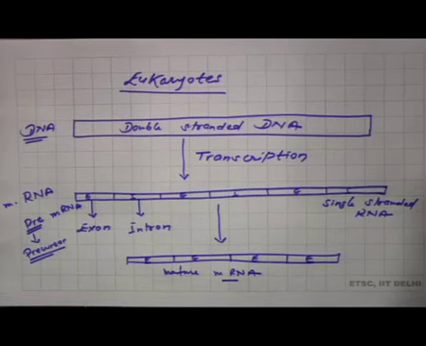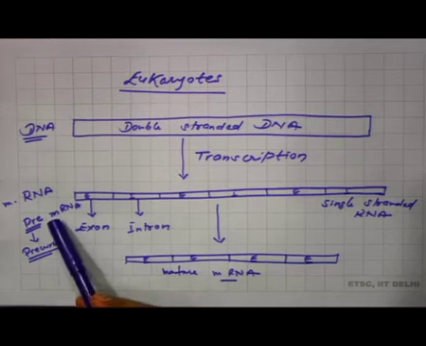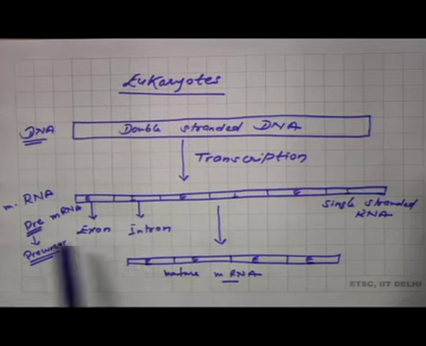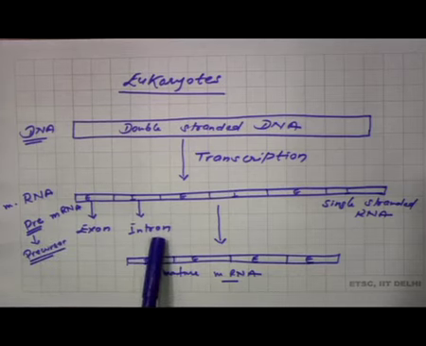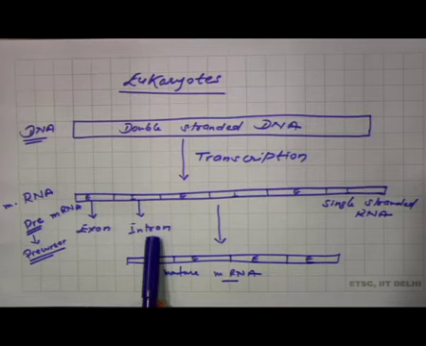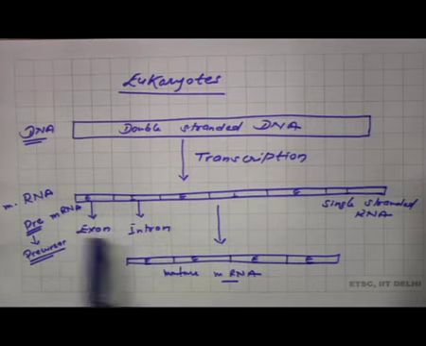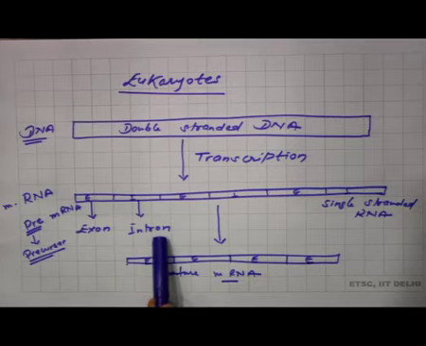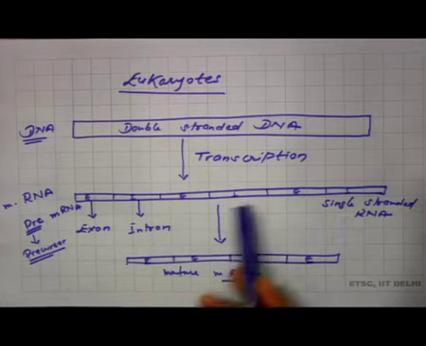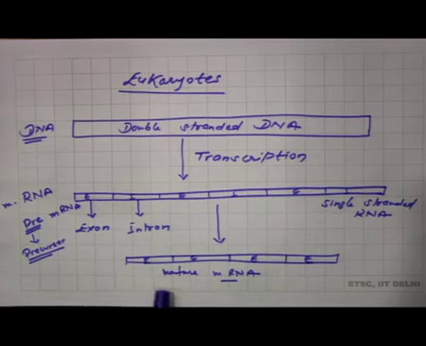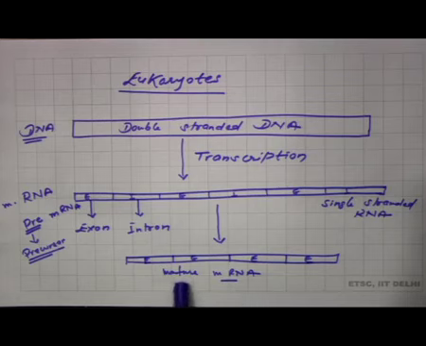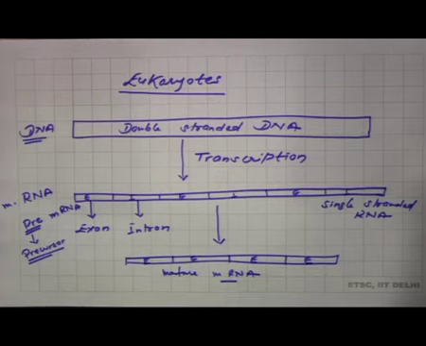So, I hope it is clear to you, the pre-messenger RNA and mature messenger RNA. Pre-messenger RNA has the sequences of exons and introns arranged alternately. Exons are the functional part and introns are the non-functional part. So, by the process of splicing and processing, these introns will be removed and all the exons will get spliced together to form mature messenger RNA, and then this mature messenger RNA will participate in protein synthesis to synthesize the protein.